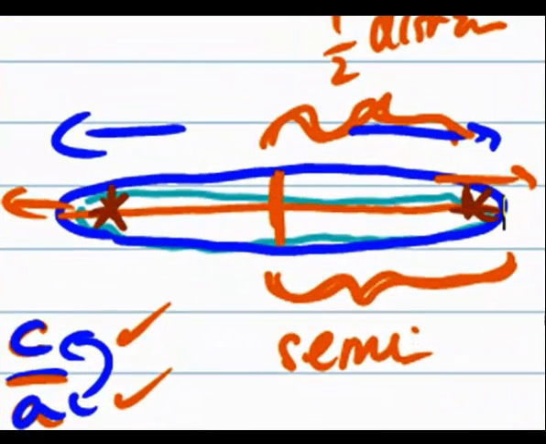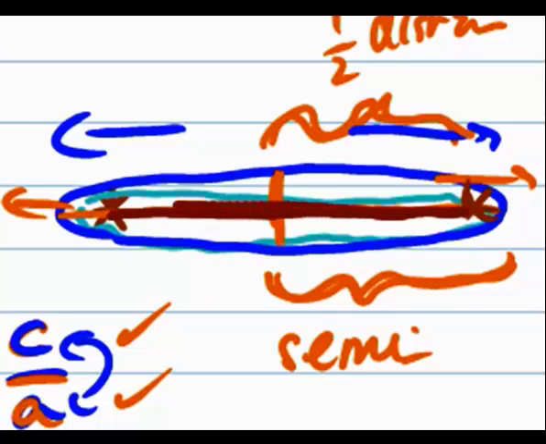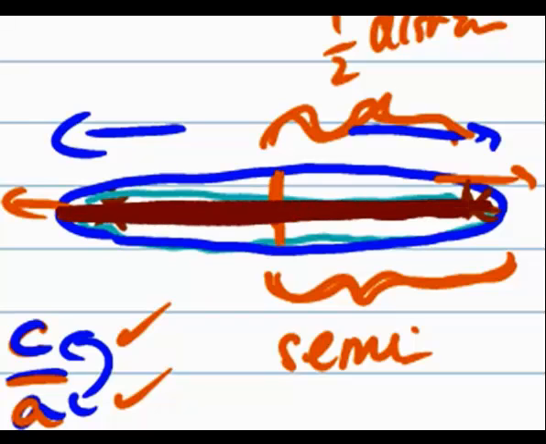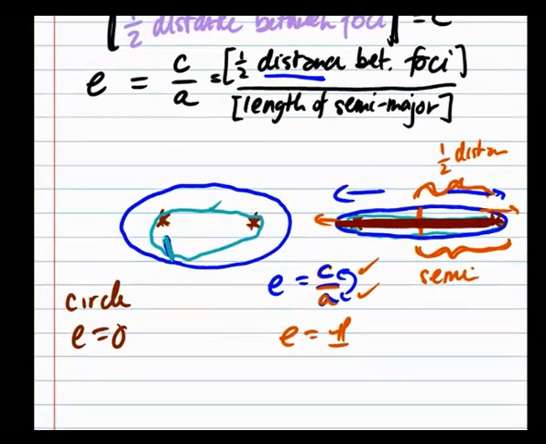And when you run your pen between your strings, you're just going to go back and forth, back and forth. And what does that form? A straight line.